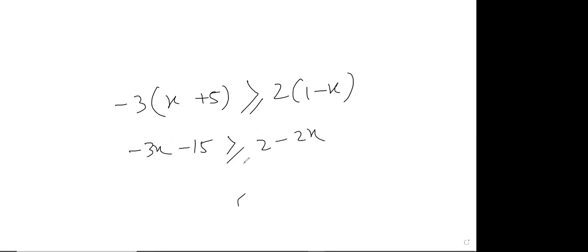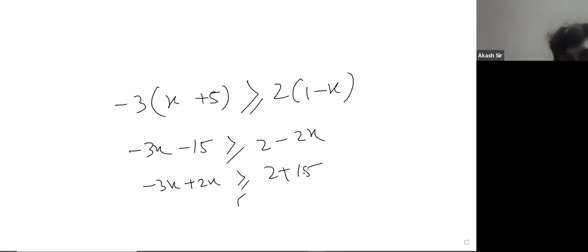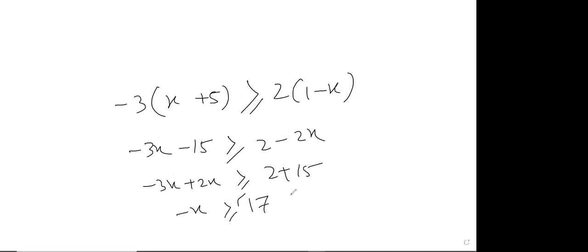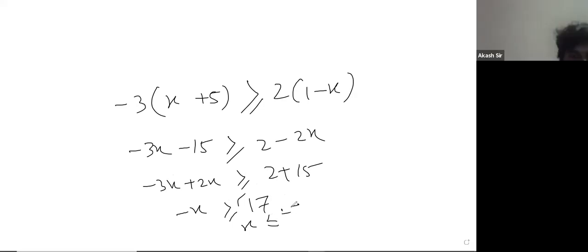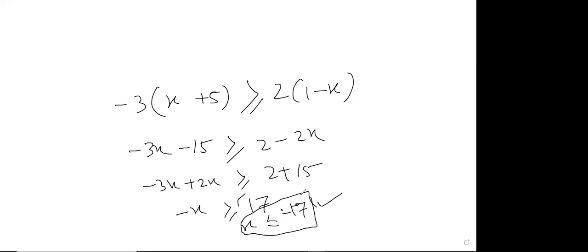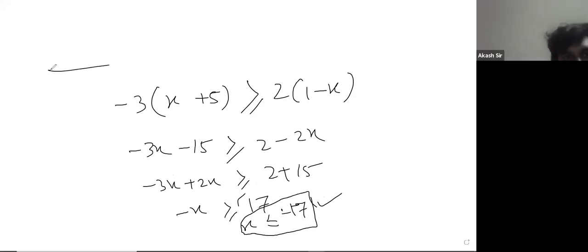And then minus 3x plus 2x is greater or equal to 2 plus 15. Minus 1x is greater or equal to 17. And then x is less than or equal to minus 17. Absolutely right. Everyone got this answer? I hope. I'll take that as a yes.